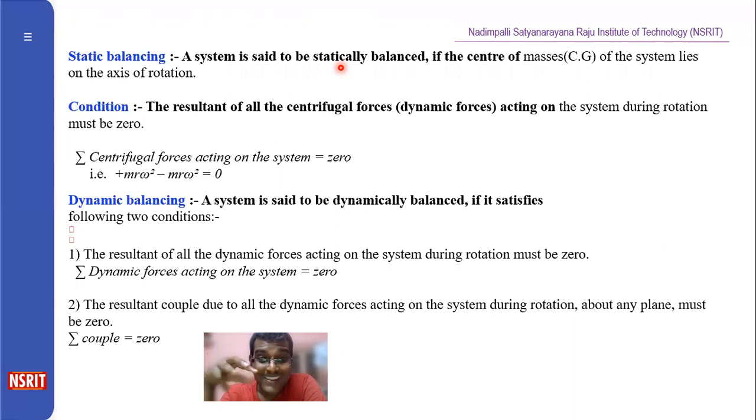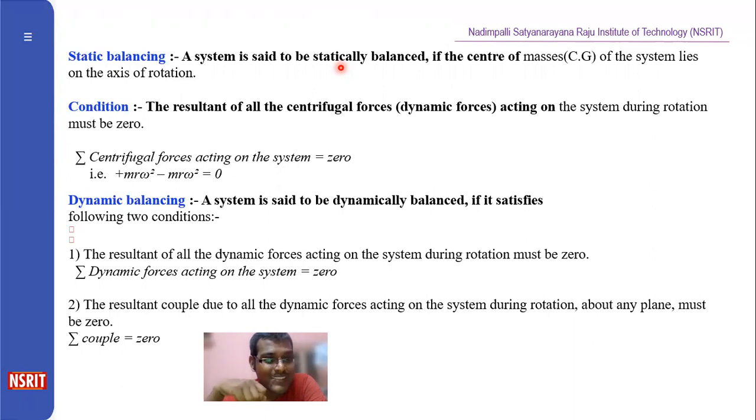Condition: the resultant of all centrifugal forces, that means dynamic forces, acting on the system during rotation must be zero. That means the summation of m r omega square must be equal to zero, because here we only have centrifugal forces.